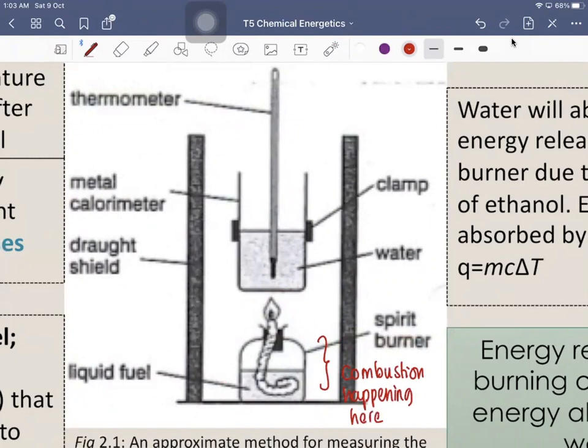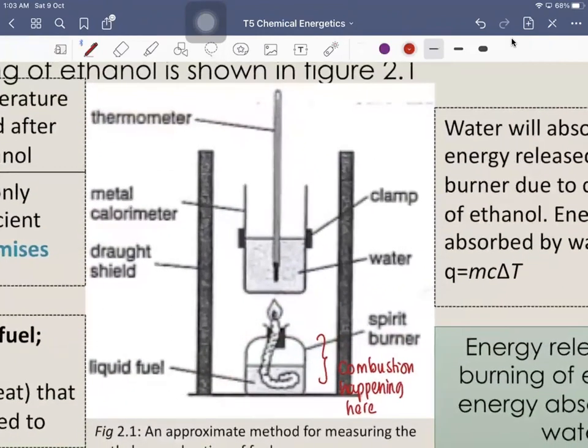Since combustion gives out heat, we cannot measure the heat directly from the flame. One, it is not accurate. Secondly, it's also not safe because you do not want to bring a thermometer directly to the flame. And if you do it at a distance, then you're not really measuring the heat energy of the combustion reaction, you're just taking the temperature of the air.